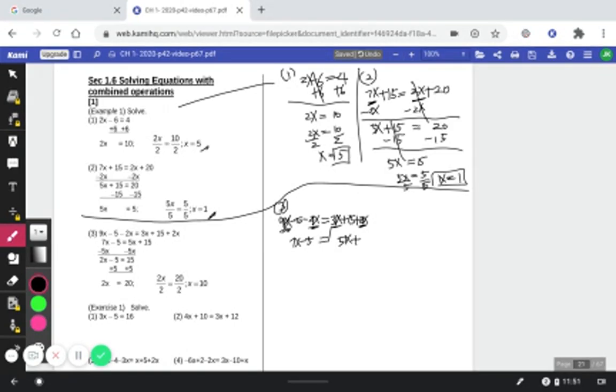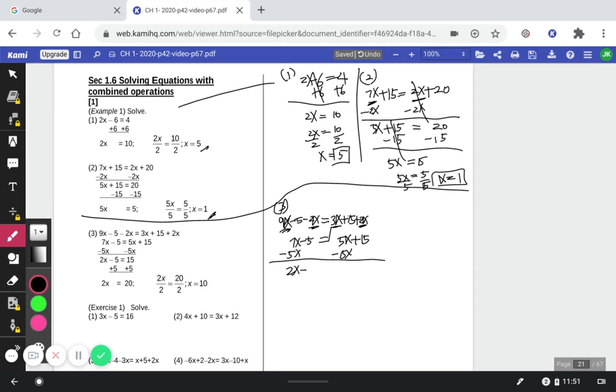Now you have x's on both sides. Which one do you move? The smaller x. So you subtract 5x on this side, and minus 5x on this side as well. If you do that, you end up with 2x minus 5 equals 15.